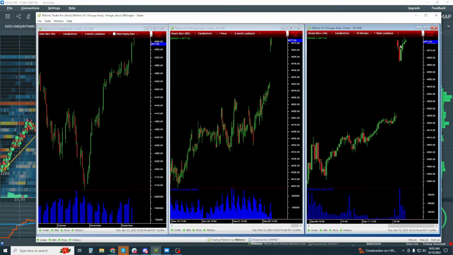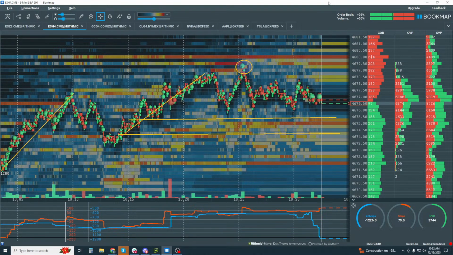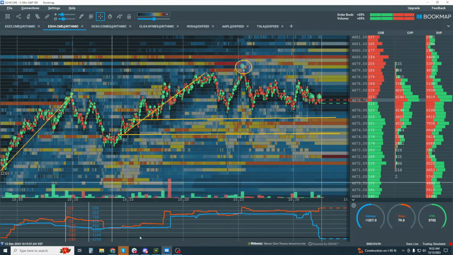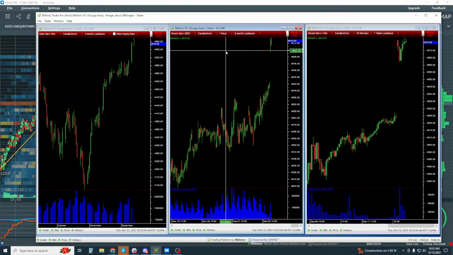A lot of this in here is also the rollover, guys. So you know the future price was 60 points higher, right? And in Rhythmic here, the ES contract just says es.cme.